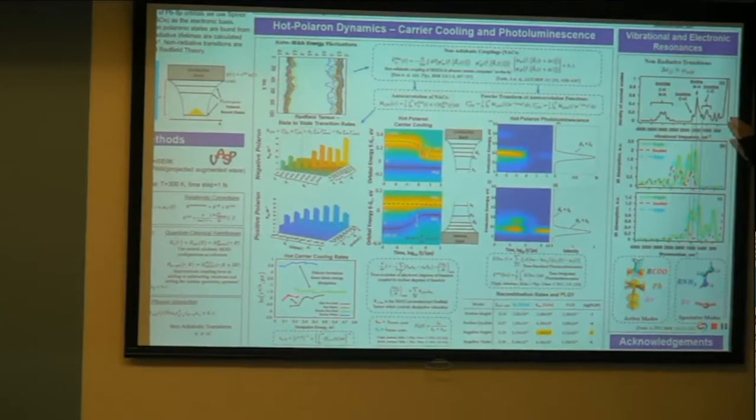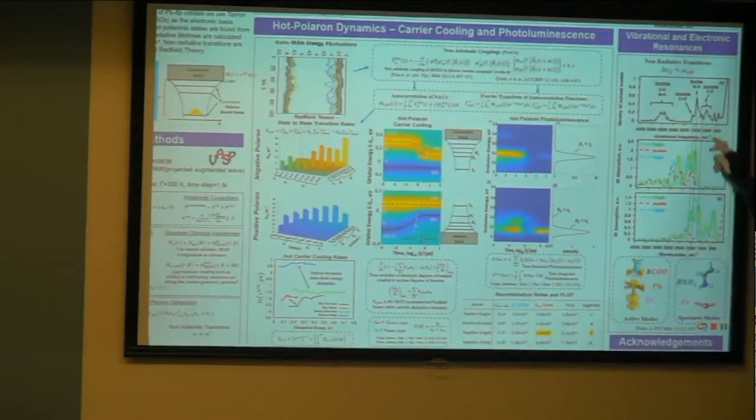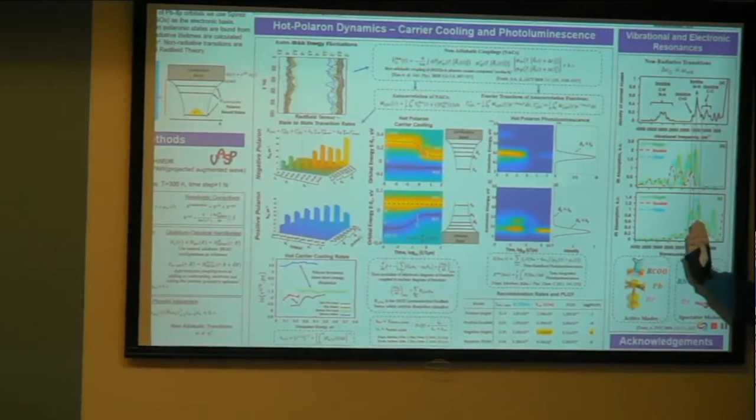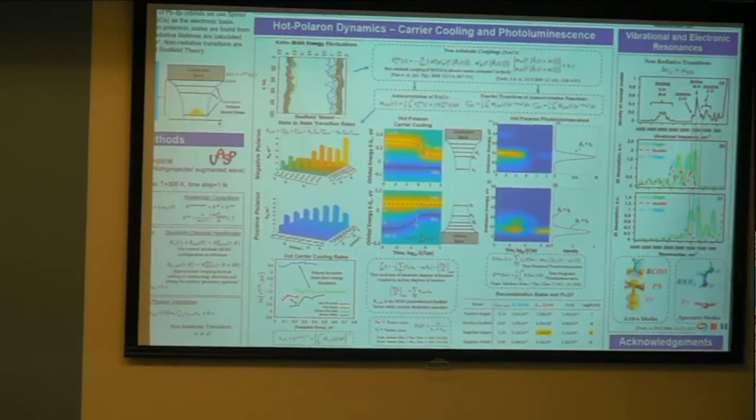This figure here describes the normal modes associated with the model, so these are the normal mode vibrations, and then this is the optical spectra shown earlier for the negative and the positive polaron. And what we did is we tried to look for peaks of the normal modes that correspond to peaks in the IR spectrum. So if they're roughly equal, they're in resonance, so it should be a quick decay.